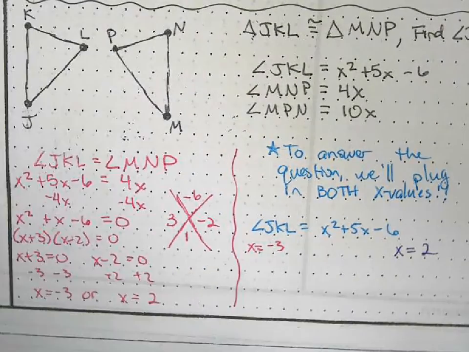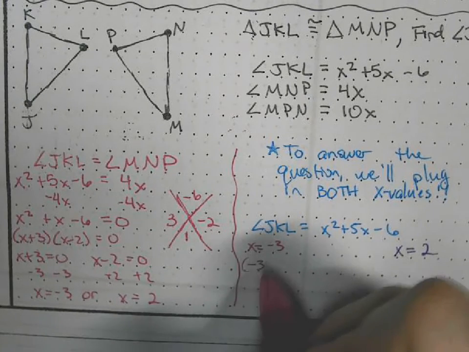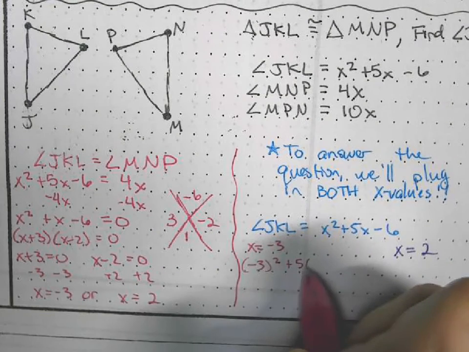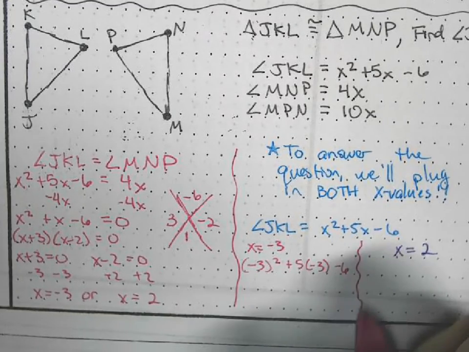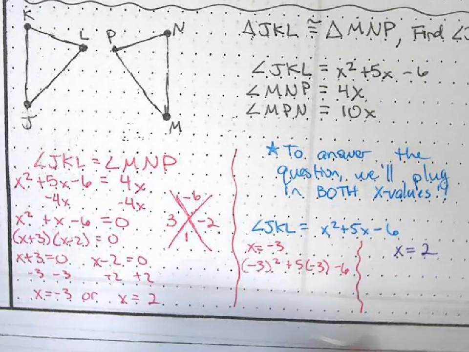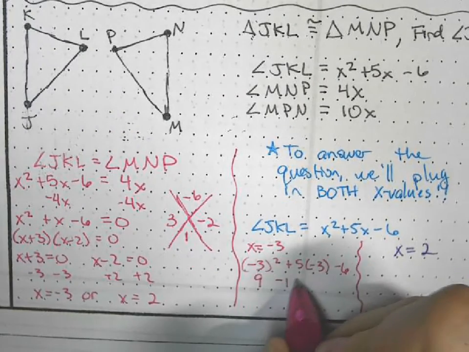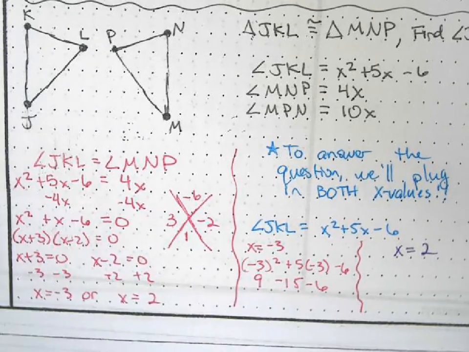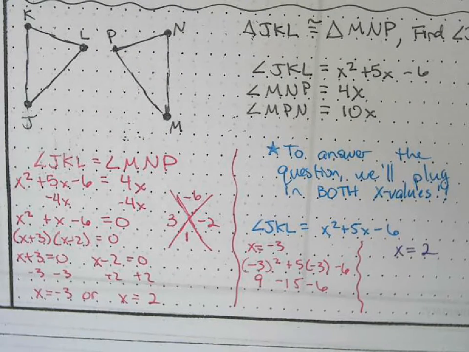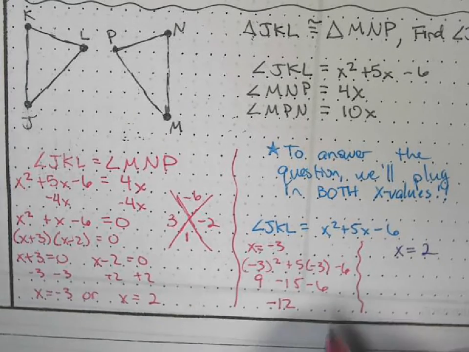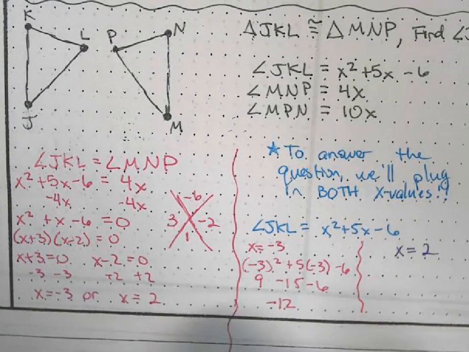Okay, so let's plug in negative 3. Negative 3 squared plus 5 times negative 3 minus 6. So negative 3 squared is 9. Minus 15 minus 6. 9 minus 15 would be negative 6. Negative 6 minus 6 is negative 12.